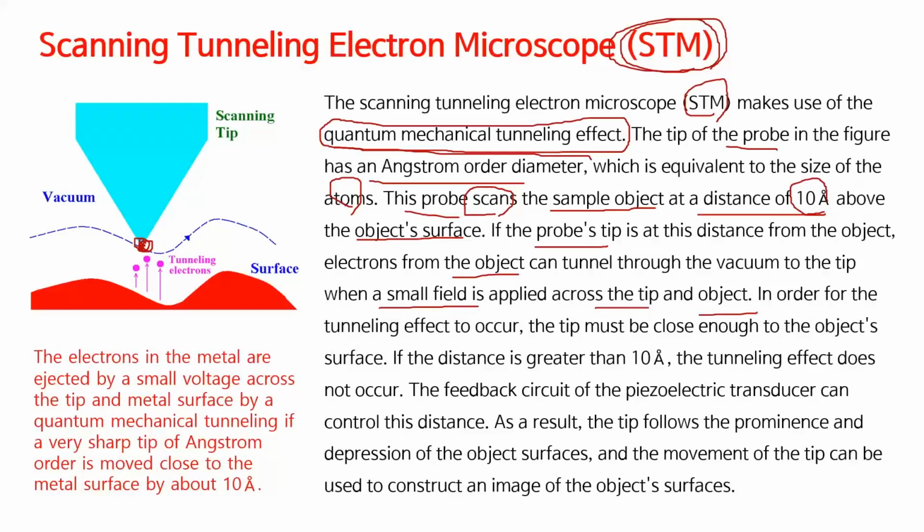So if we maintain the distance between this tip and the sample surface 10 angstrom, then we apply some electric field across these two, tip and the surface, then tunneling electrons are emitted from the metal surface to the probe.